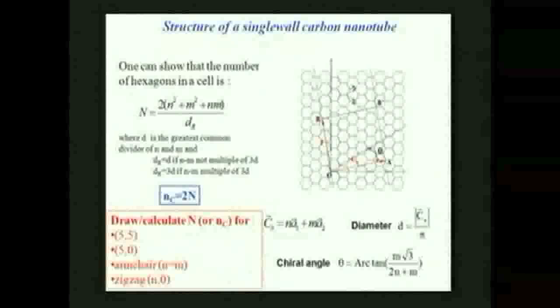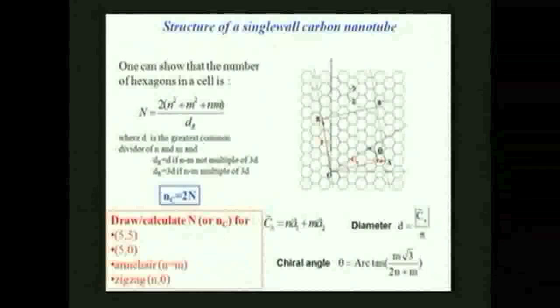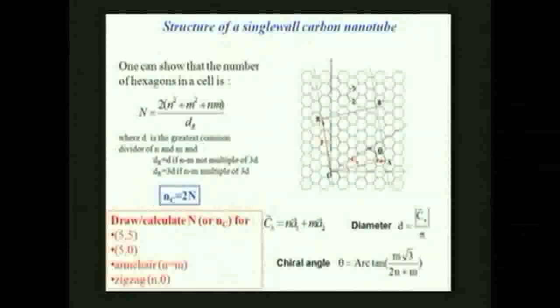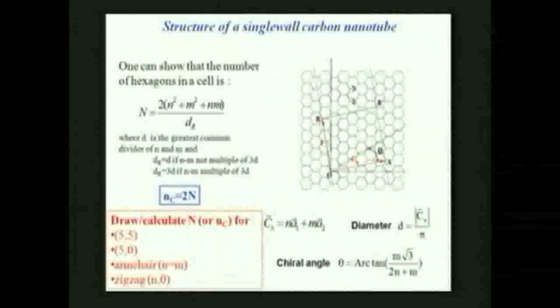All the other nanotubes are called chiral because actually both armchair and zigzag are achiral. And you know that when a molecule is achiral, it's superimposable to its symmetric in a mirror. So armchair and zigzag nanotubes present a mirror symmetry, while the other classes of nanotubes, those for which the angle is not 0 and not 30, are chiral.